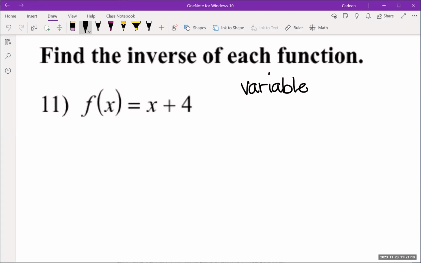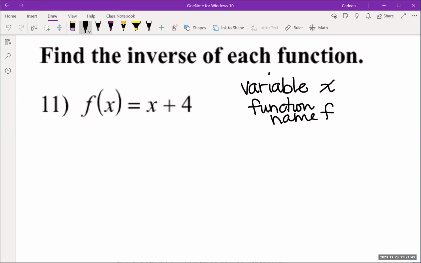The one variable is x. What is the function name in this problem? The function is function f. It is not a variable.